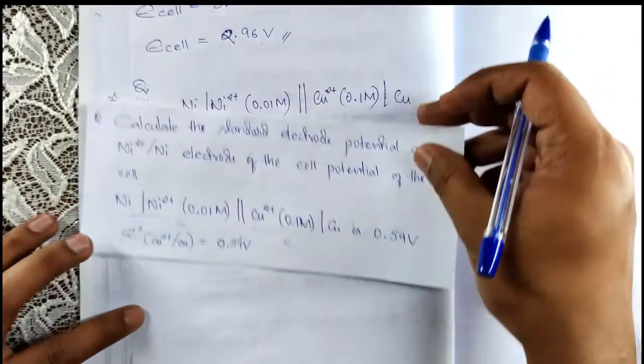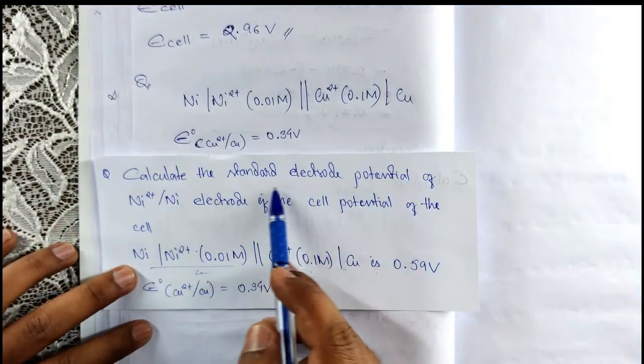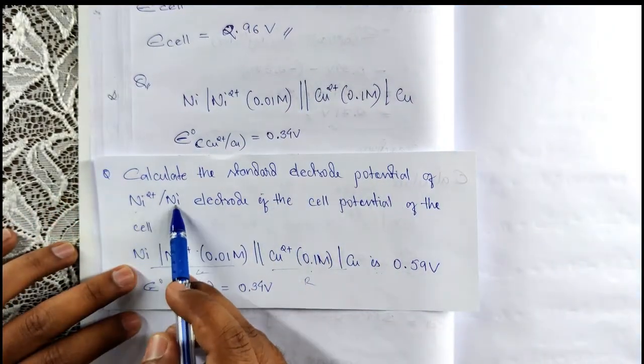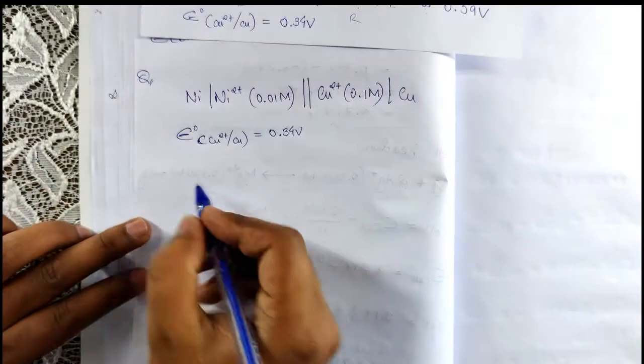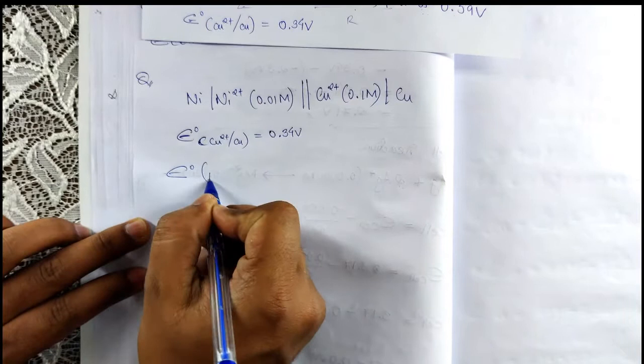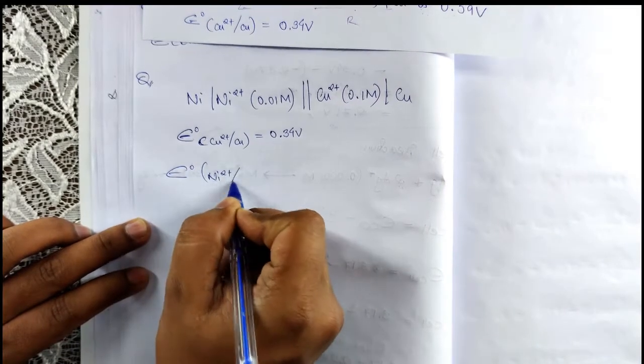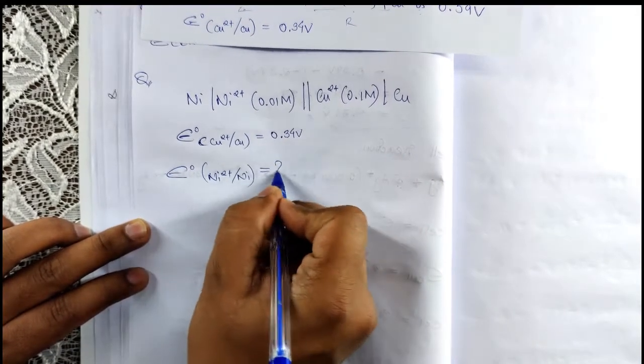So here is the given. Calculate the standard electrode potential of Ni2 plus by Ni. Whenever it says standard, it will be E naught. So E naught Ni2 plus by Ni. So this is what you're going to calculate.